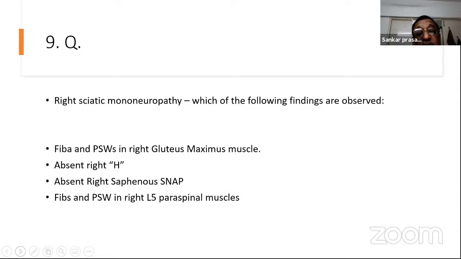Right sciatic mononeuropathy. Which of the following findings are observed? Fibrillation potentials and positive sharp waves in right gluteus maximus, absent H reflex, absent right saphenous SNAP, or fibrillation potentials and positive sharp waves in L5 paraspinal muscles. You should be able to tell this.